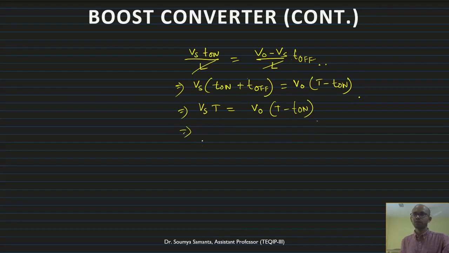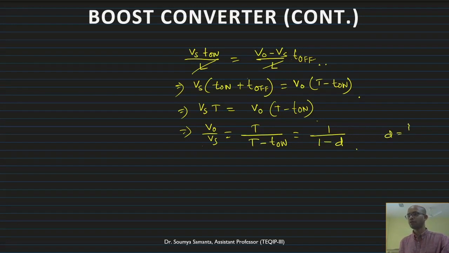So we get Vo by Vs equals capital T by (T minus T on), which we can write as 1 by (1 minus duty cycle D), where D equals T on by T. So Vo equals Vs by (1 minus D).